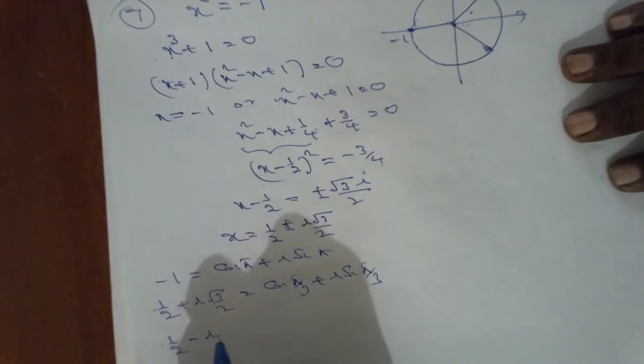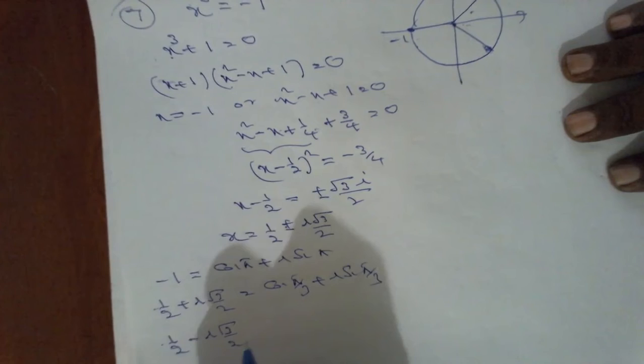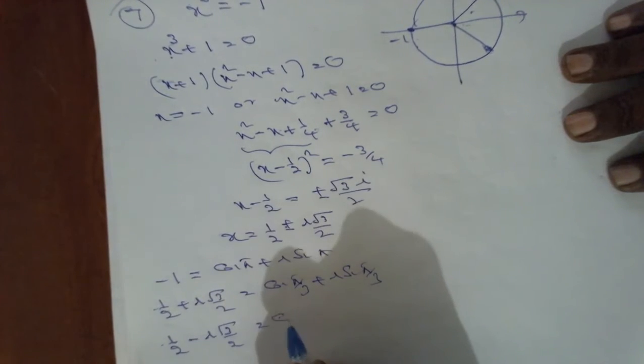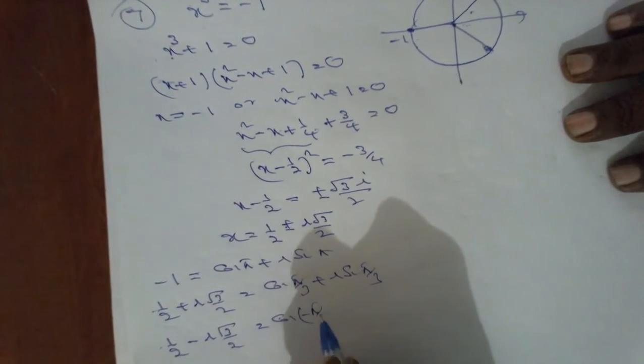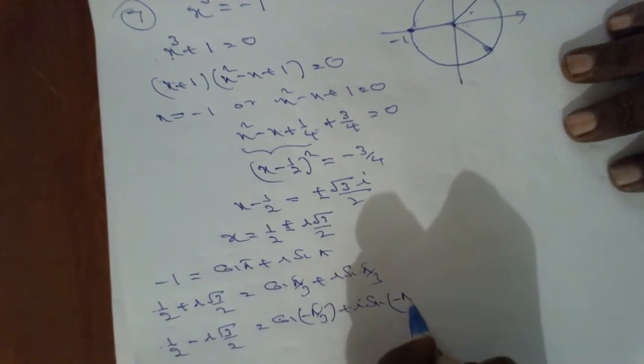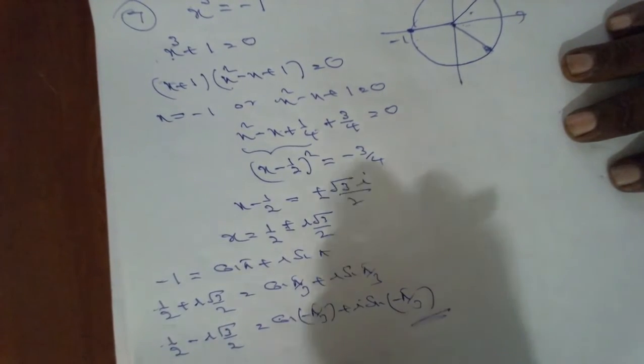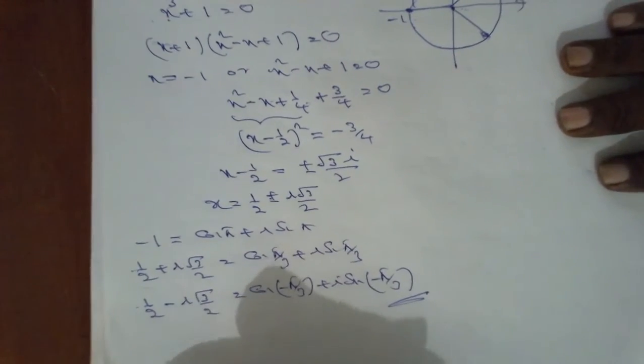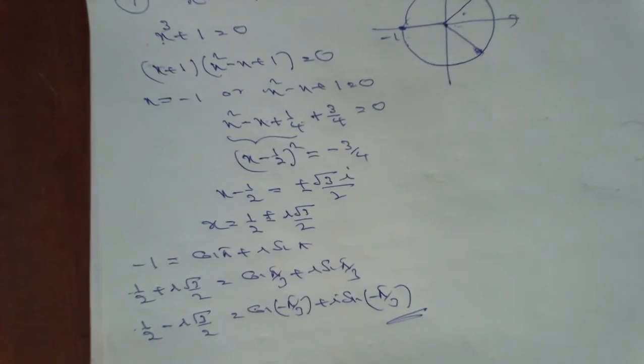Half minus i root 3 by 2 equals cos minus pi by 3 plus i sin minus pi by 3. Right? Very easily you can find the roots of that equation and express them in polar form. Okay.